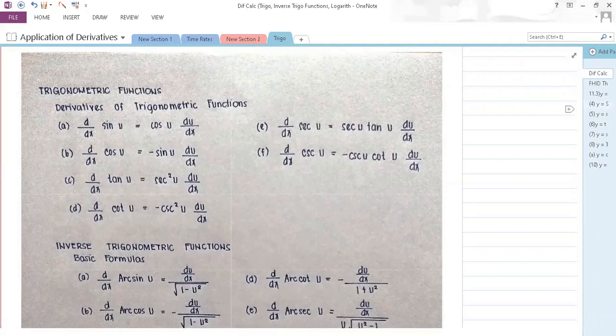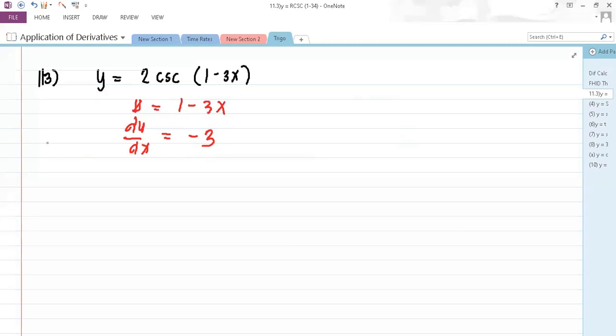Okay, so let's write the dy dx, the derivative of 2 cosecant, that is negative 2 cosecant of u, this is 1 minus 3x multiplied by the cotangent, that is the derivative of cosecant, yung sa equation.